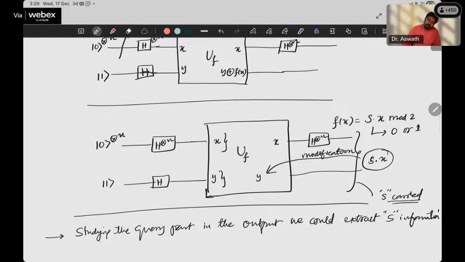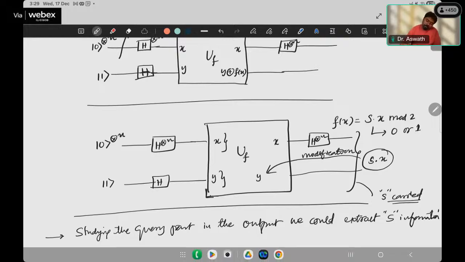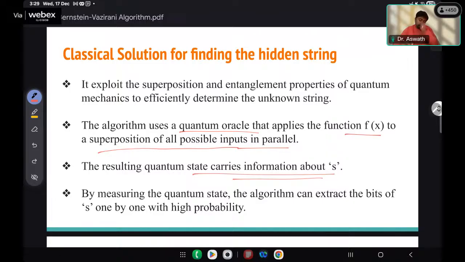Okay, very, very important. So the algorithm can extract the bits of s one by one with a very high probability. That means the success rate is very good.